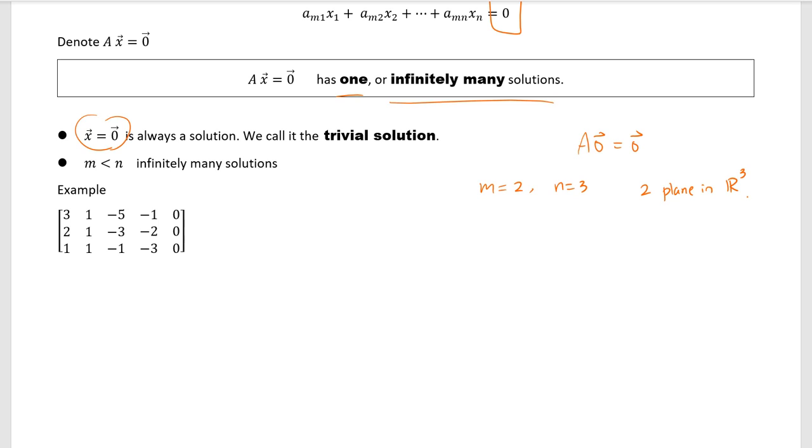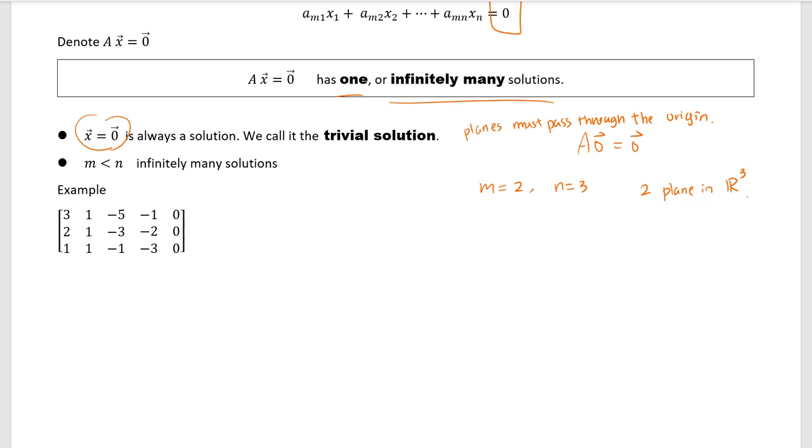And furthermore, because 0 is a solution, the planes must pass through the origin.